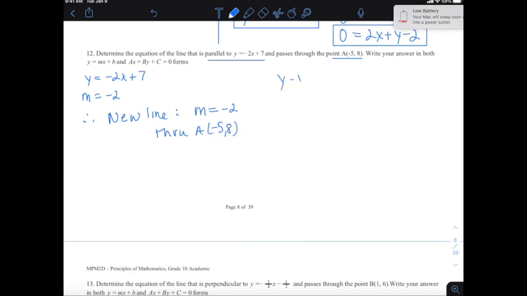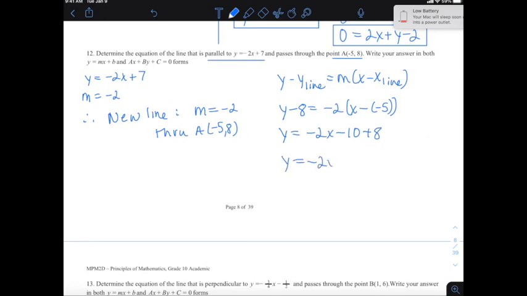We've got y minus y1 equals m times x minus x1. So I've got y minus 8 equals -2 times x minus -5, y equals -2x minus 10 plus 8, y equals -2x minus 2.